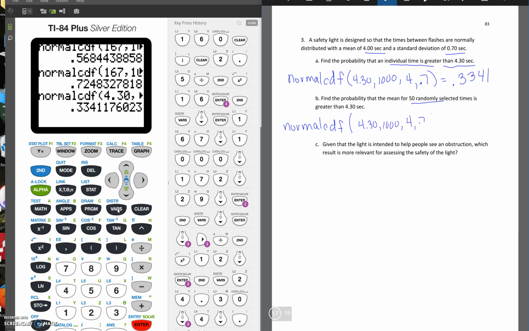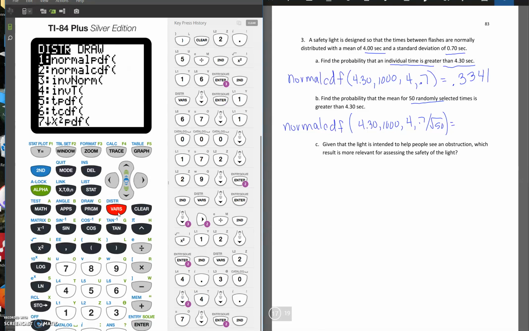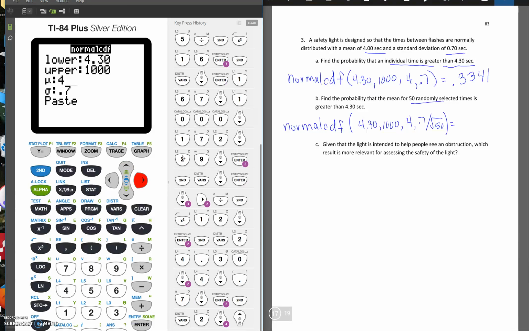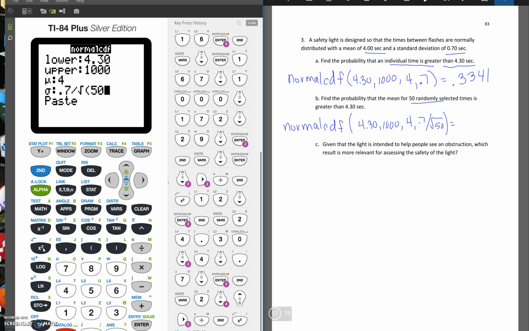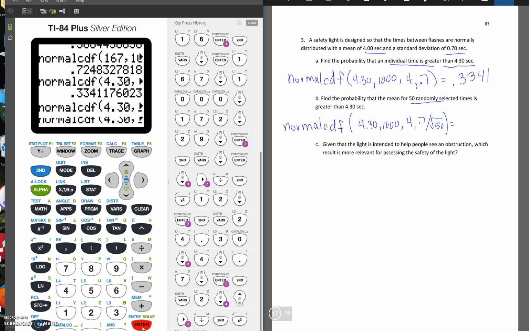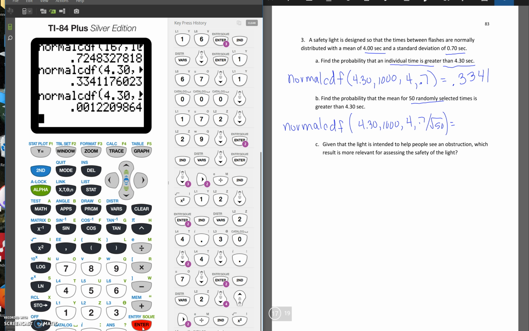So we're going to take 0.7 divided by the square root of 50. So here we get 0.0012.